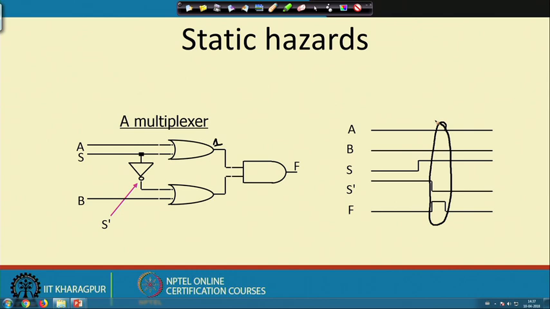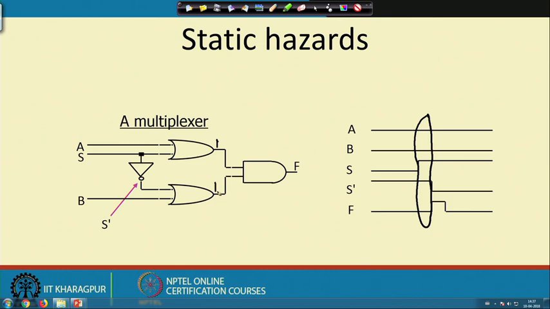Sorry, not in this region. If you take this region of operation, here A is 0 and S equal to 1. So, as a result output of this OR gate is 1, and for the lower OR gate B is 0 and S dash is also 1.